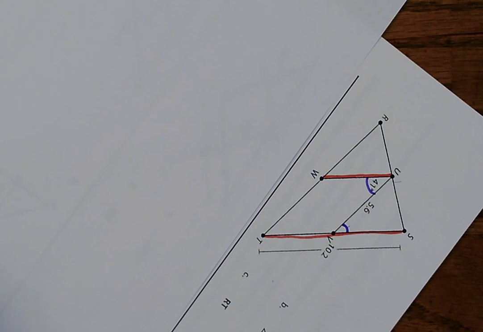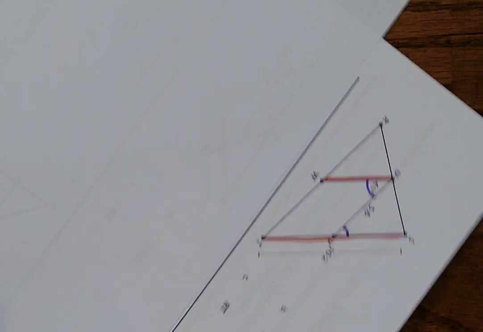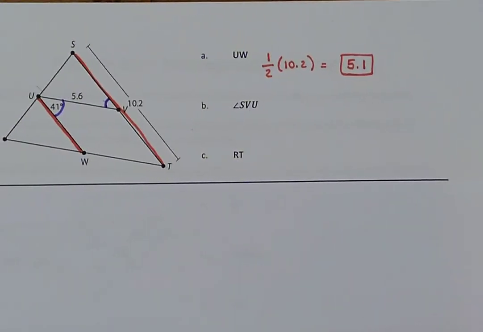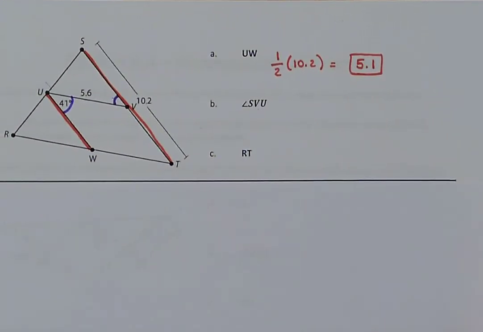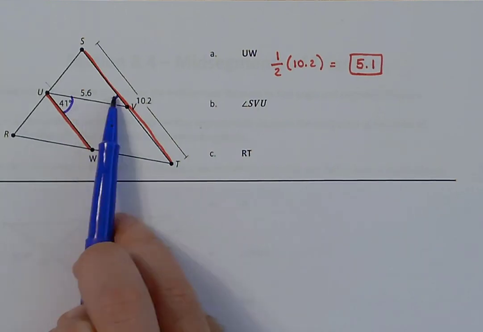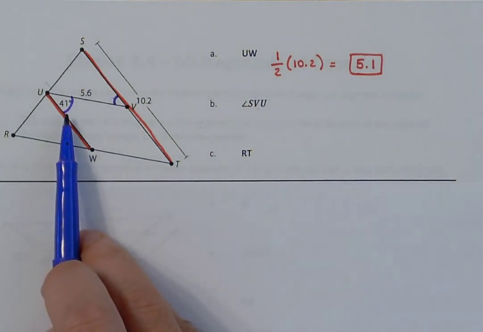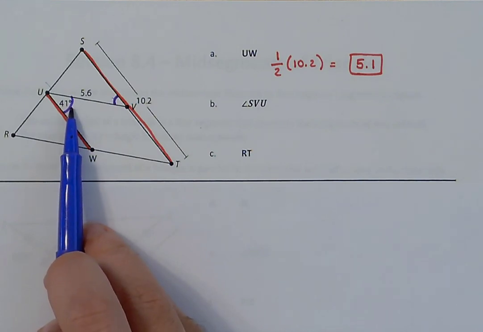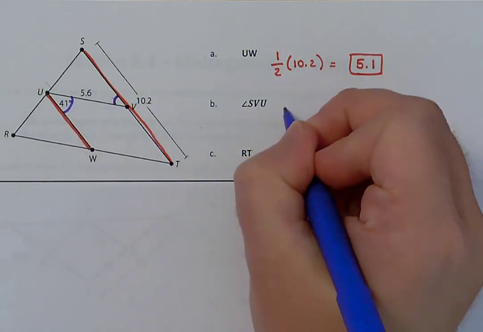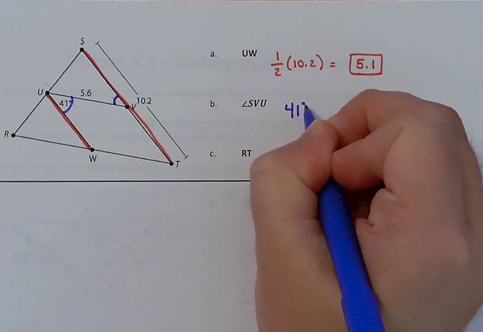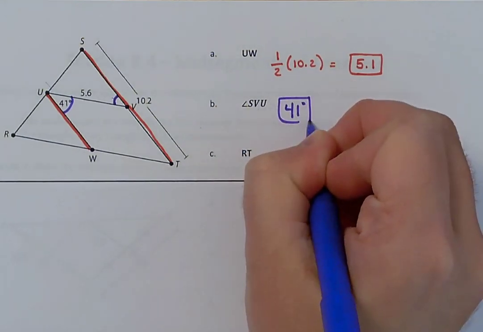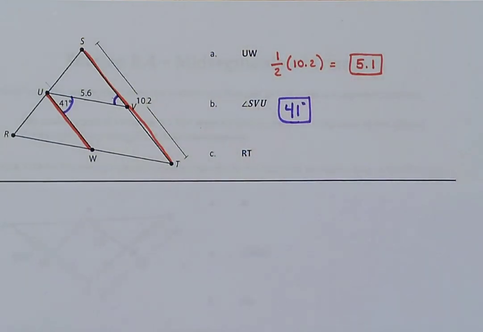And if they're alternate interior angles, I know that they are the same measure. So if this is 41 degrees, that means this one is also 41 degrees. And that is my answer for part B.